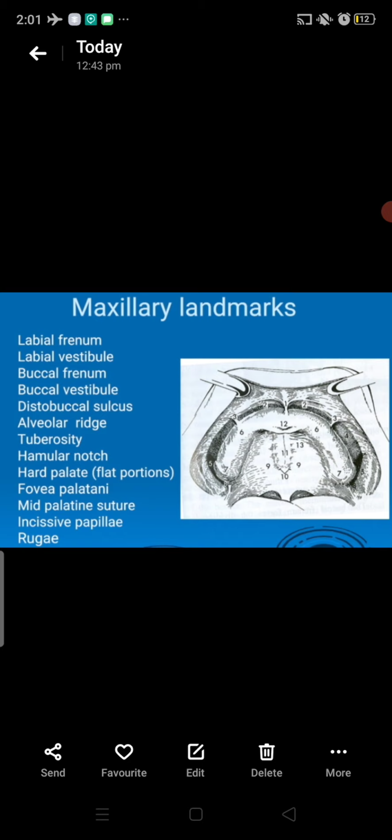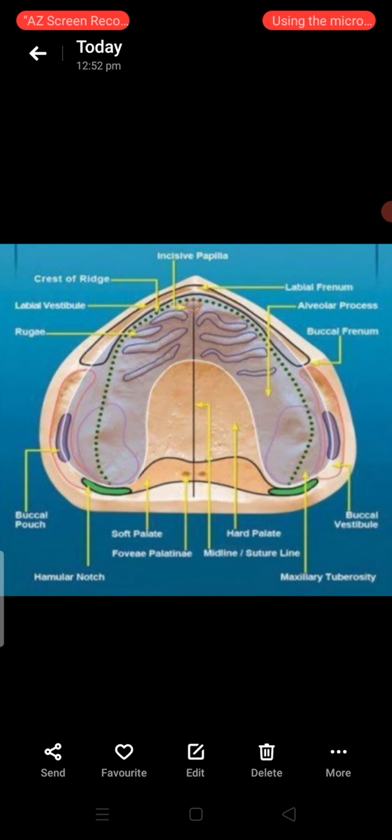Now come to this diagram again. Anteriorly there is the labial frenum, which is an anterior limiting area. Next is the labial vestibule, which is also an anterior limiting area.